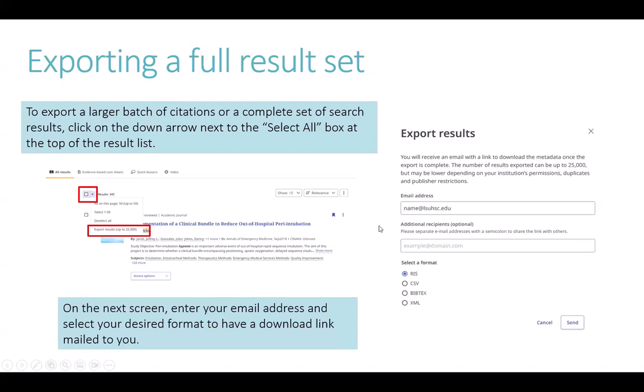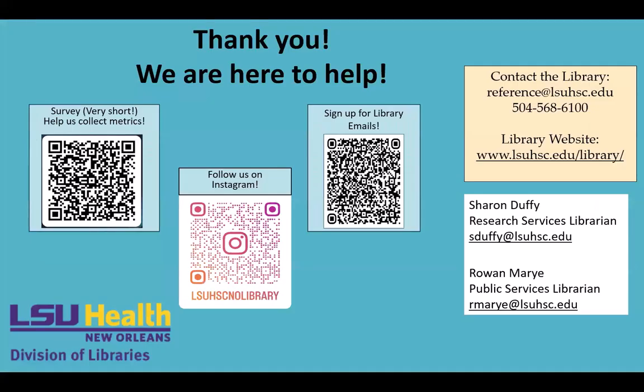It will ask me to put in my email address and select the format, and then it will email me a link to download that full result set when ready. So it's a little bit of an extra step, but at least they've increased the number that you can do directly to 500. When it was just 50, that was a little burdensome. So this is a definite improvement.